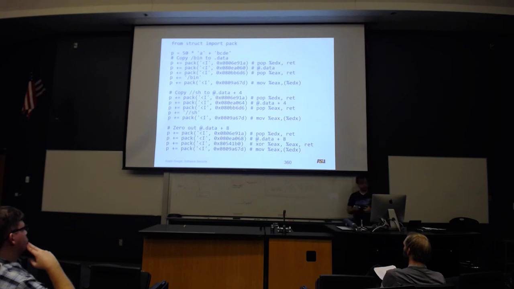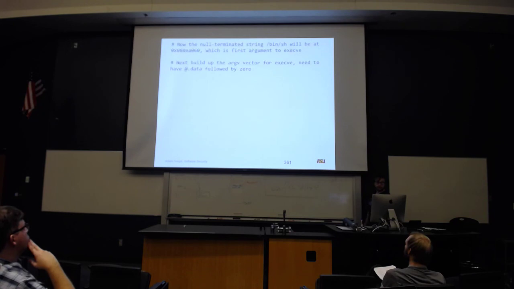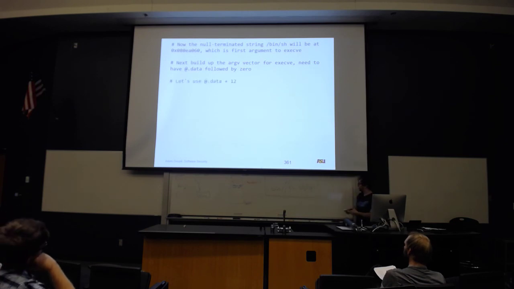And then we want to write this vector for execve. So this is 4 bytes, this is 4 bytes, this is 4 bytes.